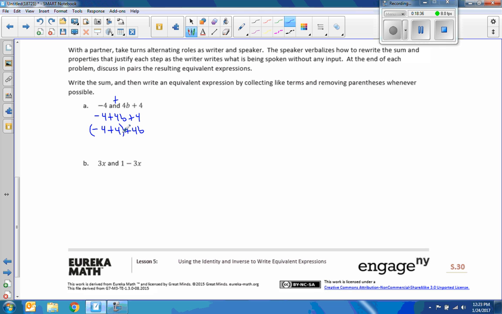Then I am going to add opposites and get 0. Negative 4 plus 4 is 0. That's the additive inverse property. That gives me 0. And then 0 plus 4b is simply 4b, and that's the additive identity.